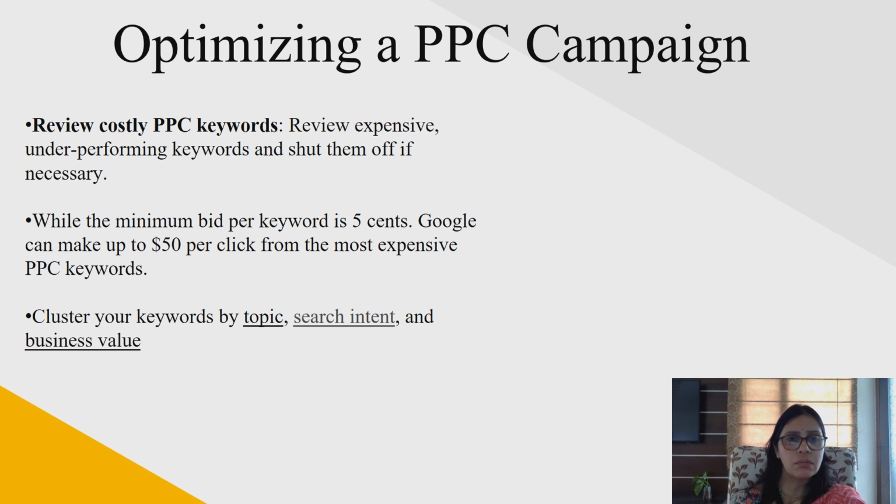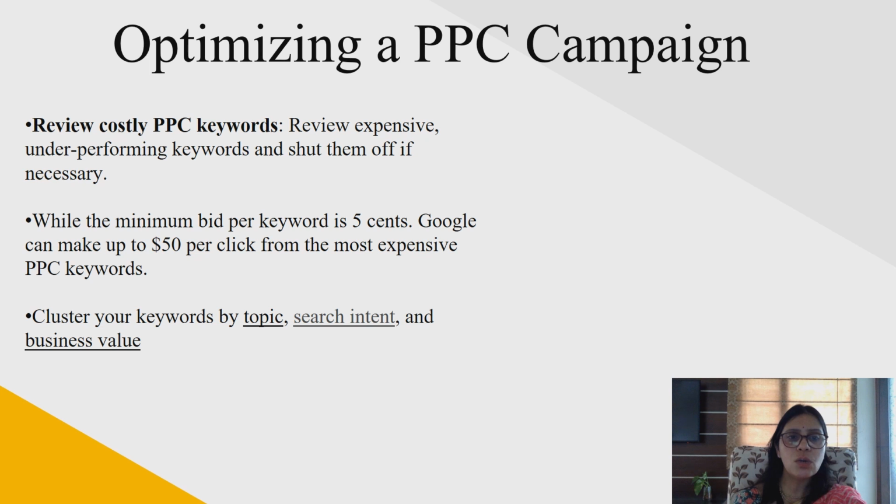As far as the statistics say, the minimum bid per keyword that Google keeps is 5 cents, and the maximum it can go to is $50 per click, which is the most expensive of all PPCs. So you need to ensure that you are not using such expensive words which actually underperform, and you need to shut them off if they are in your consideration set.